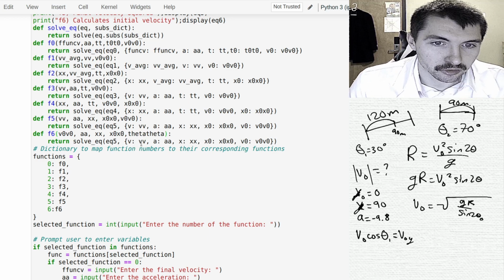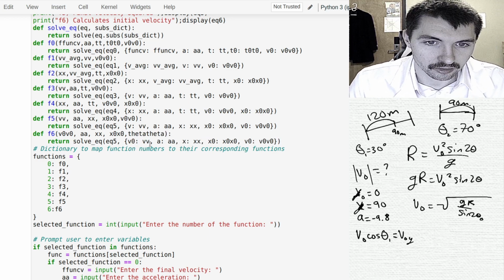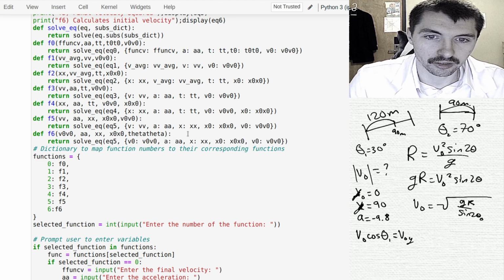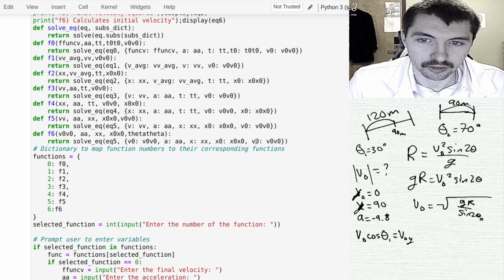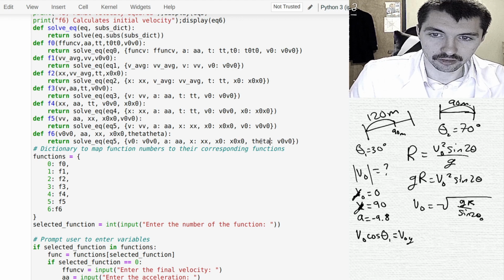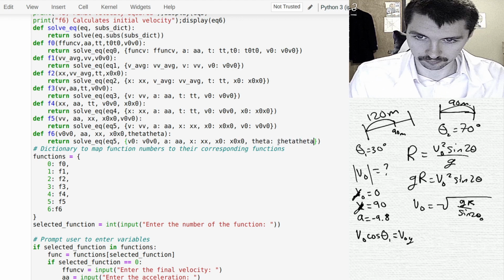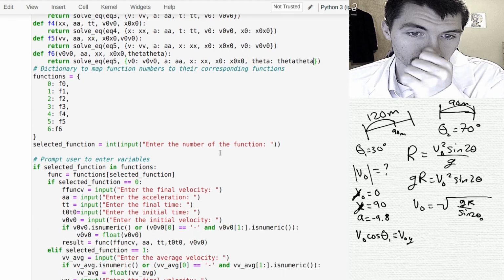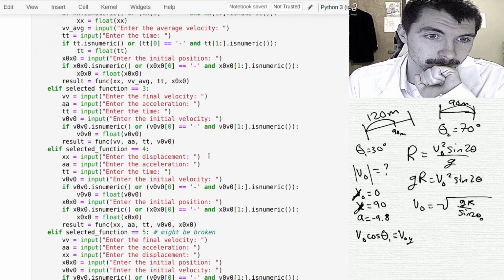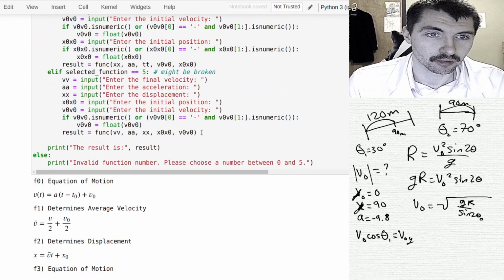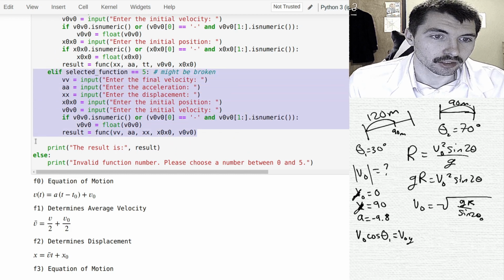Okay, we want to solve for V naught. Here's the hard part.